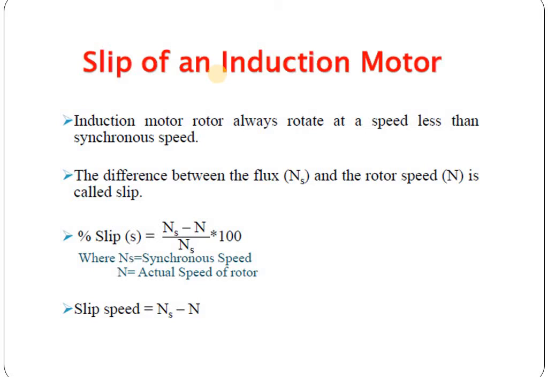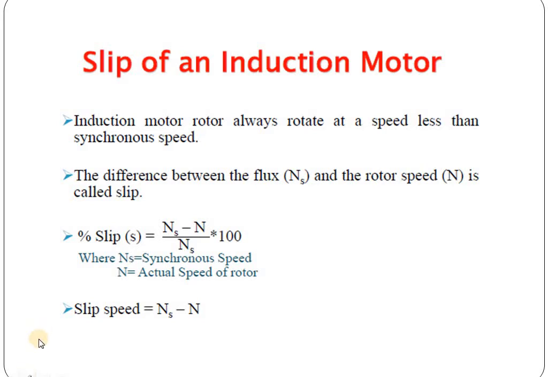The difference between the synchronous speed and rotor speed is known as slip. So percentage slip will be (Ns minus N) by Ns into 100, where Ns is the synchronous speed, N is the actual rotor speed, and slip speed is Ns minus N. In some books, in place of N, it is written Nr.